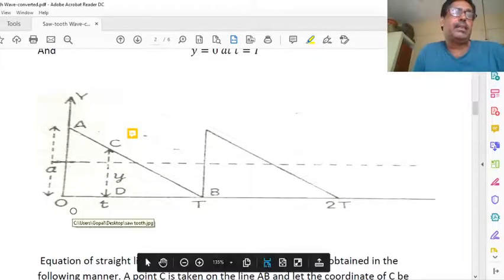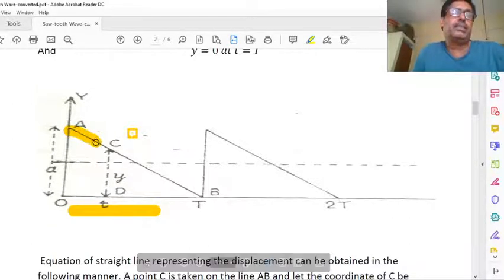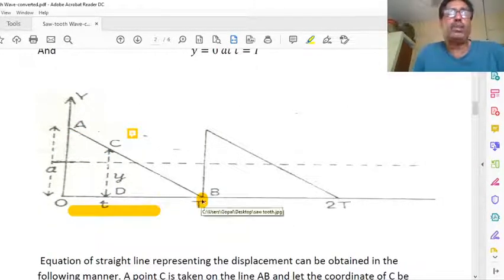And as time increases, as we go to the right side, you can see the displacement decreases linearly. At t equal to capital T, the time period, the displacement becomes 0.